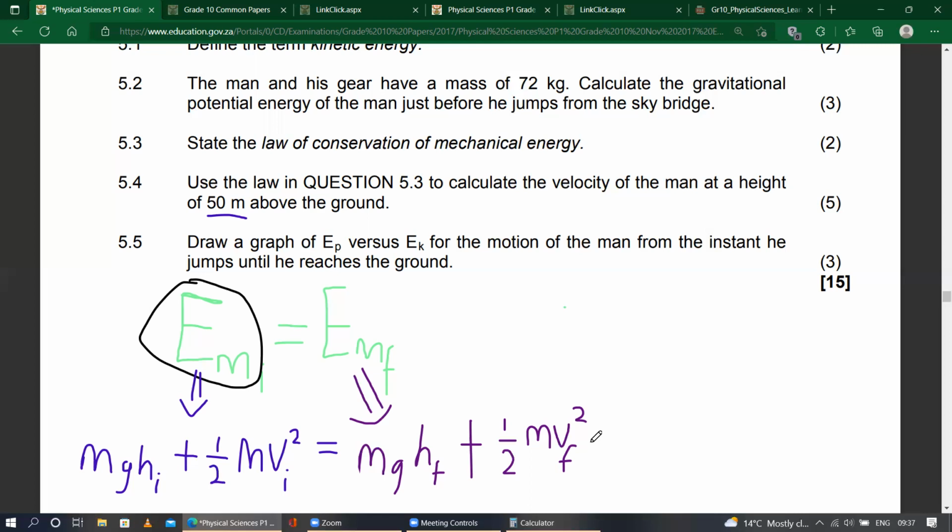So they must equal each other. Yeah, they're equal to each other. That's how you know that energy has been conserved.